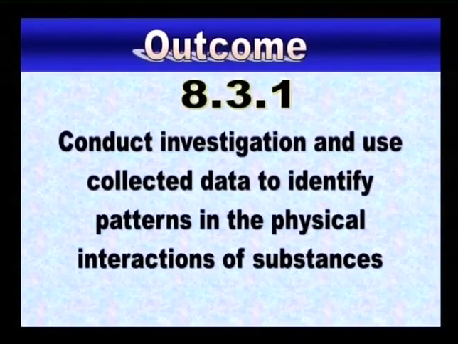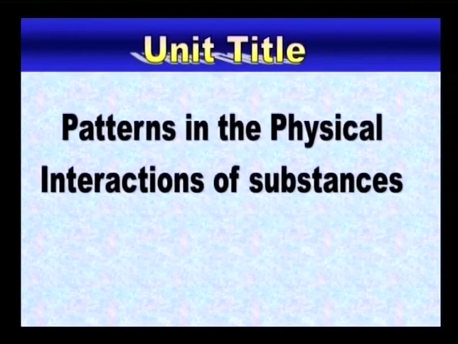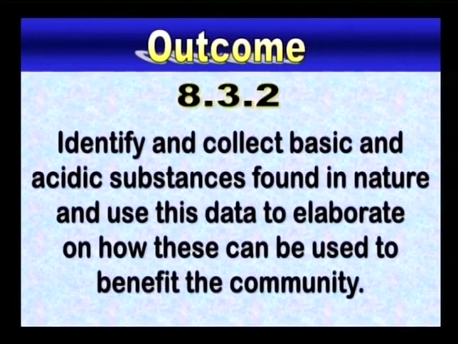First outcome, 8.3.1, it says conduct investigation and use collected data to identify patterns in the physical interactions of substances. Now in this outcome, we have the unit title, which is patterns in the physical interactions of substances. Our second outcome is 8.3.2.